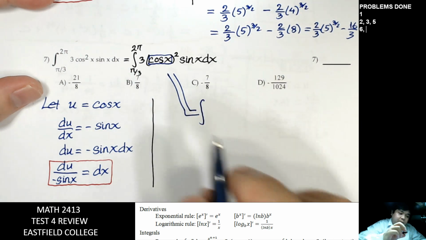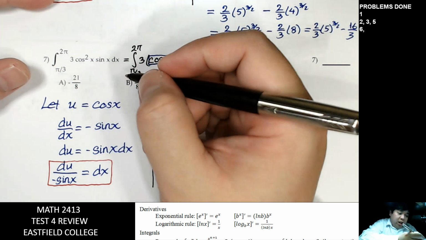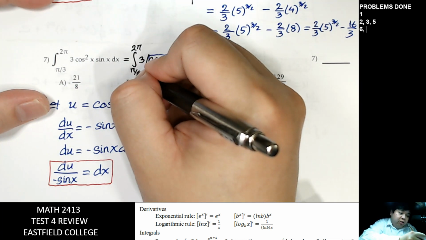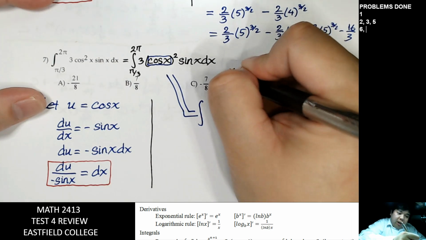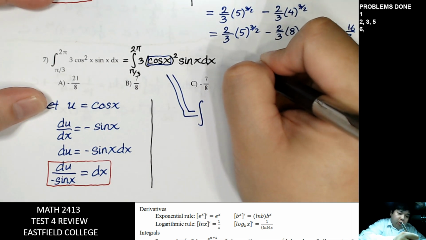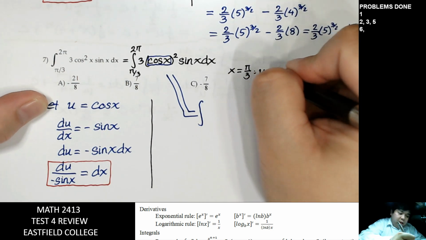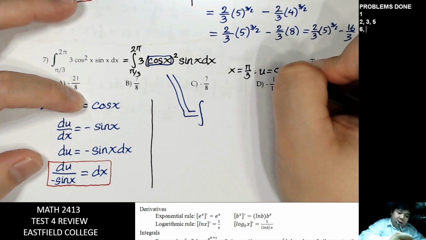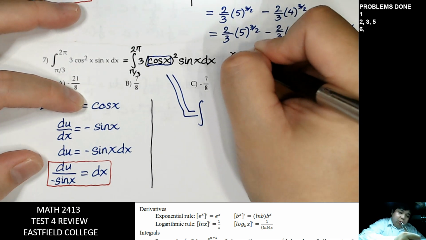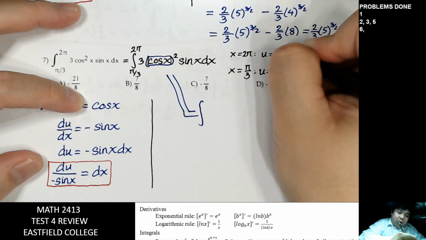equal to, so we have everything except we forgot to change the limit. x goes from pi over 3 to 2 pi, so I just write here x equal to pi over 3, and u is cosine x, cosine pi over 3, and x equal to 2 pi, u equal to cosine of 2 pi.